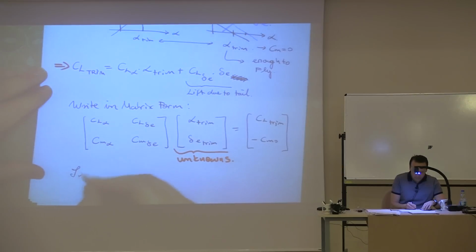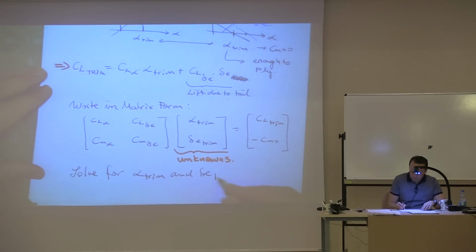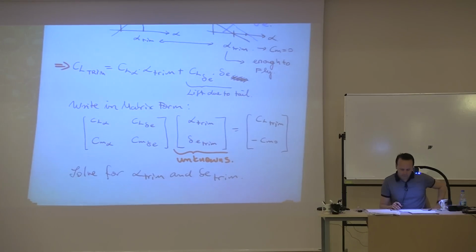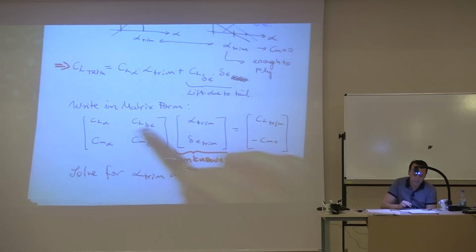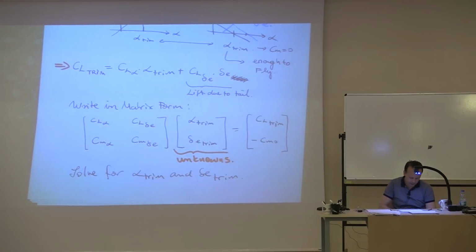So solve for alpha trim and del E trim. Okay. All you need to know now are these aerodynamic derivatives: CL alpha, CL del E, CM alpha, CM del E. And this is the trim lift that you need, and this is the CM0 of your airplane. And you have two equations, two unknowns. You can actually solve for alpha trim and del E trim.